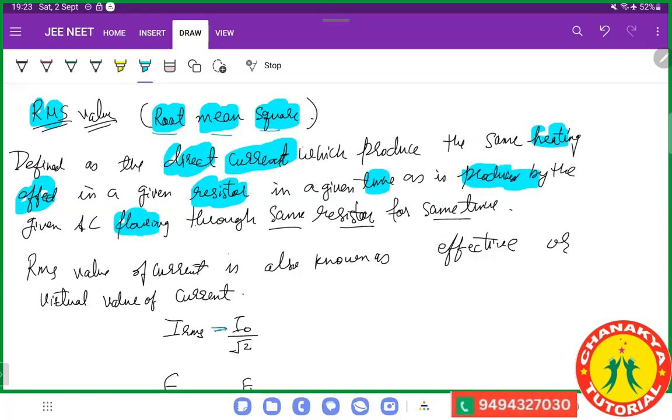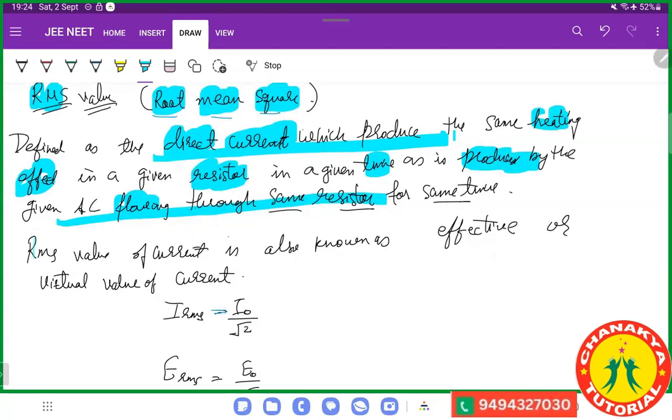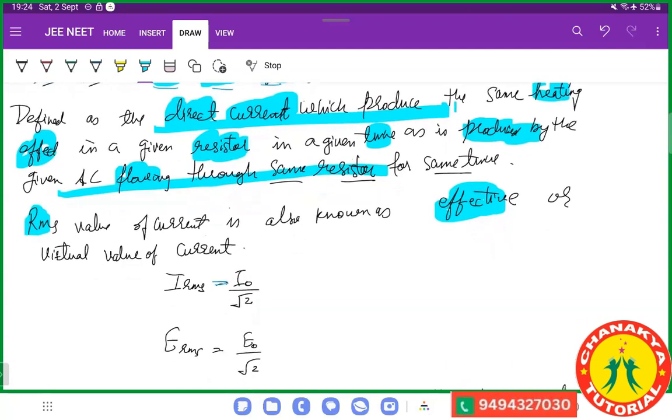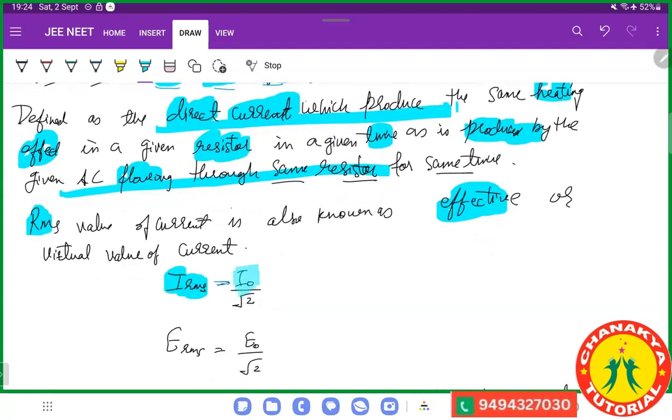So we are just comparing whatever heat is produced by the direct current with the AC flowing through that same resistor. So this is what RMS value is; in short it is the effective value, root mean square value. So that is I RMS equals I naught by root 2 and E RMS equals E naught by root 2.